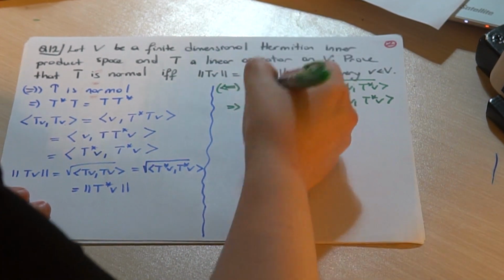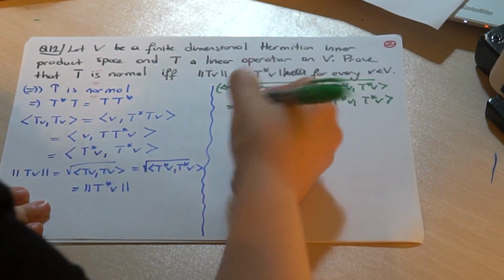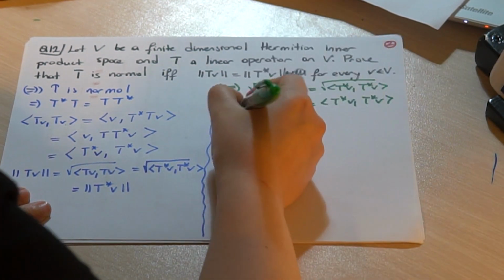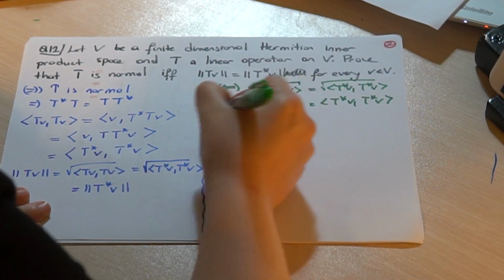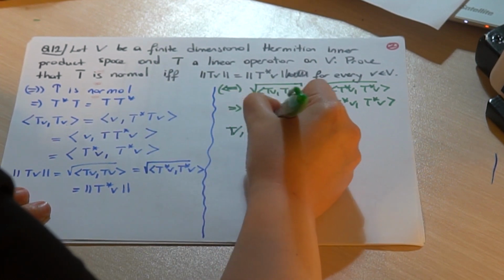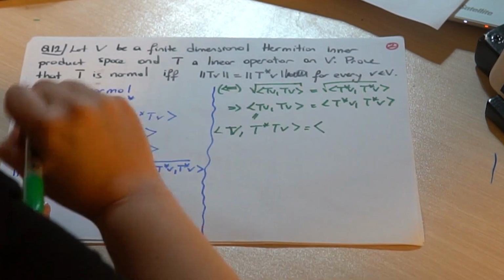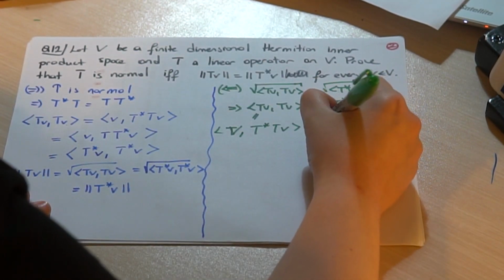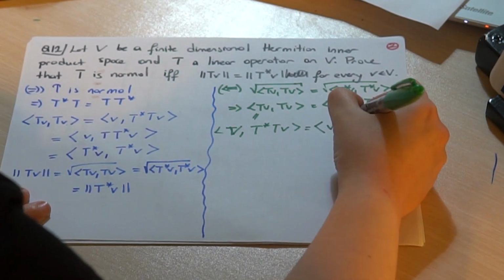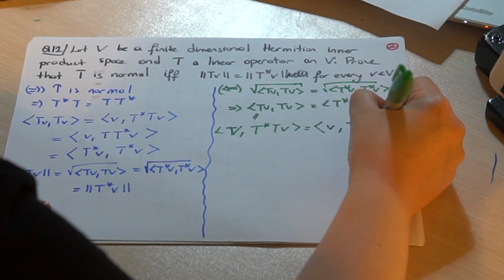Let's take the first T and the first T adjoint to the other side. So this will be equal to ⟨v, T adjoint T v⟩, and this will be equal to ⟨v, T T adjoint v⟩.